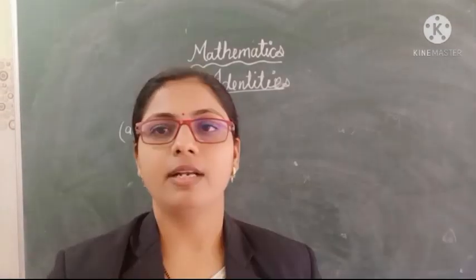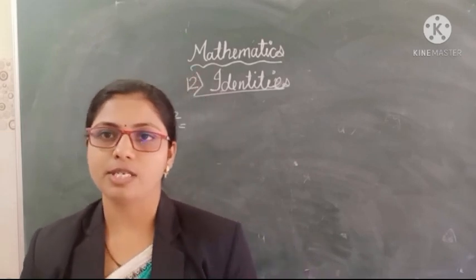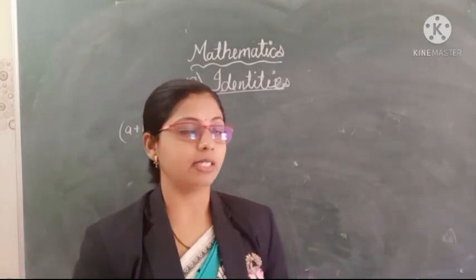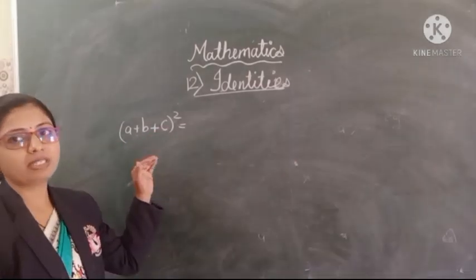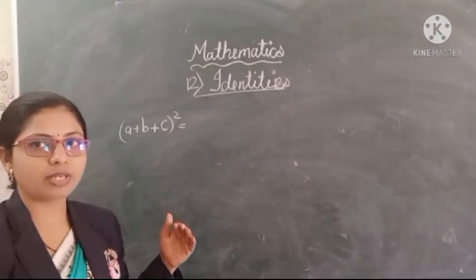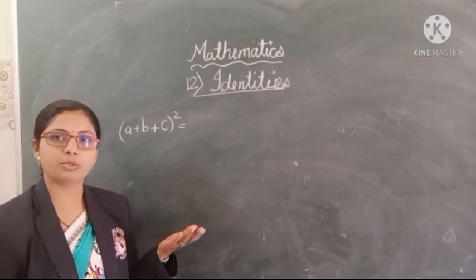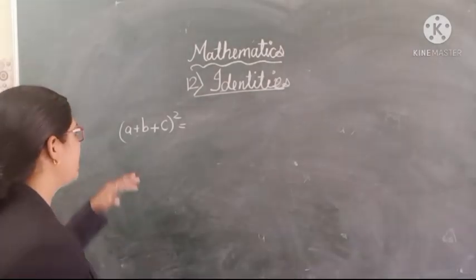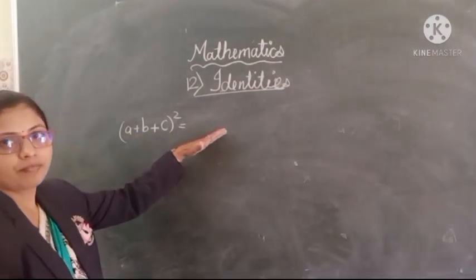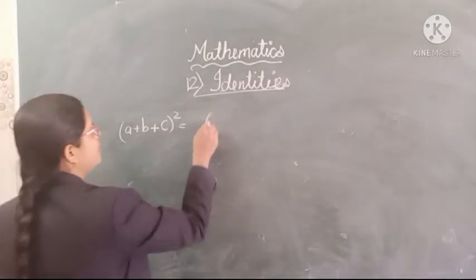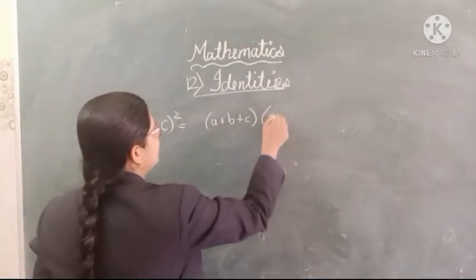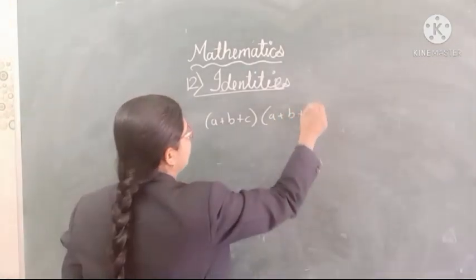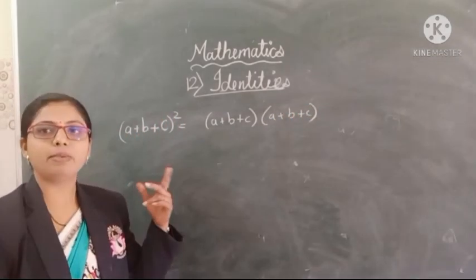Now, next we are going to see a different type of identity, that is (a + b + c) bracket square. Means three terms are given and we have to find the bracket square. So how will we find it? Just split this up: (a + b + c) multiplied by (a + b + c). How we were doing for a plus b?